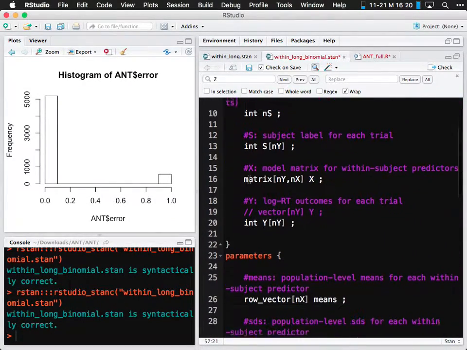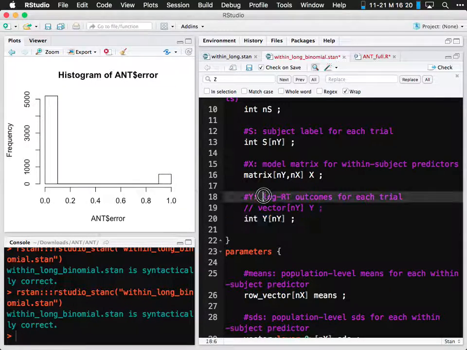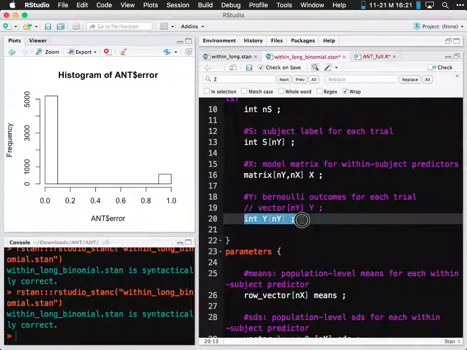So did you do this bit above, saying y is int? Can you do the same?